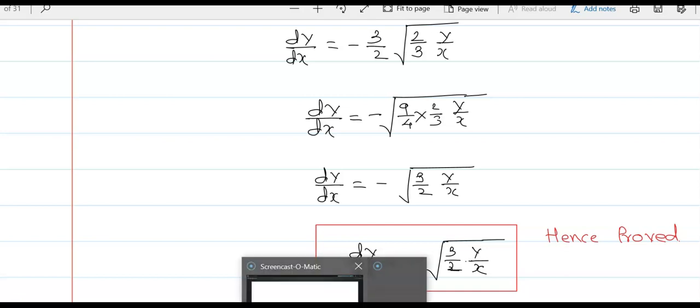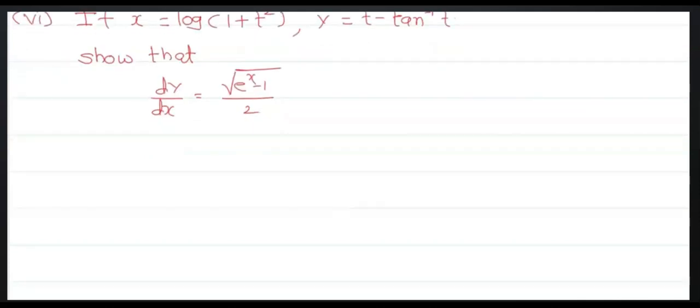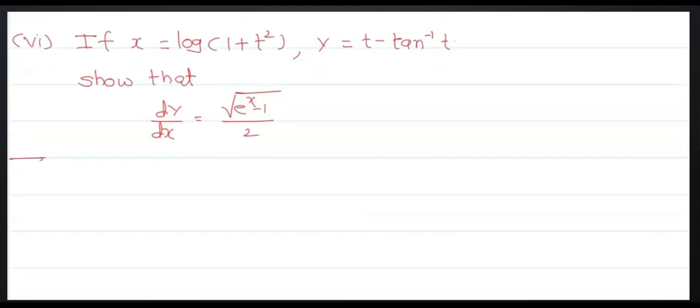Now the next is the sixth one. If x is equal to log of 1 plus t square, y is equal to t minus tan inverse of t, then show that dy by dx is equal to root of e raised to x minus 1 upon 2.